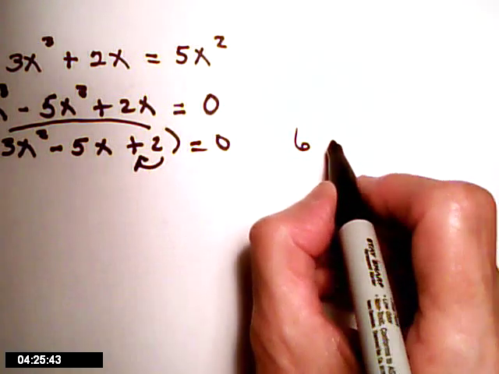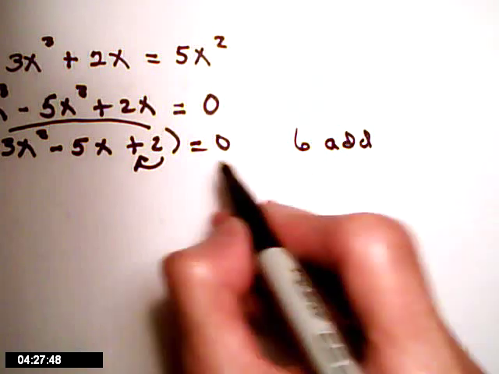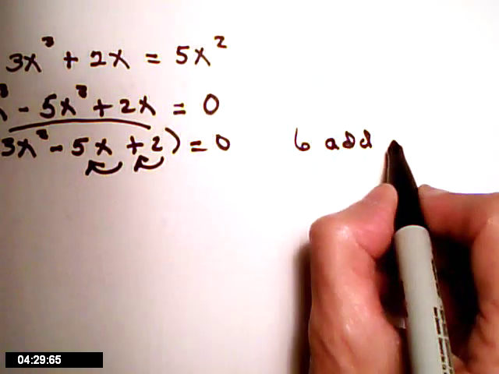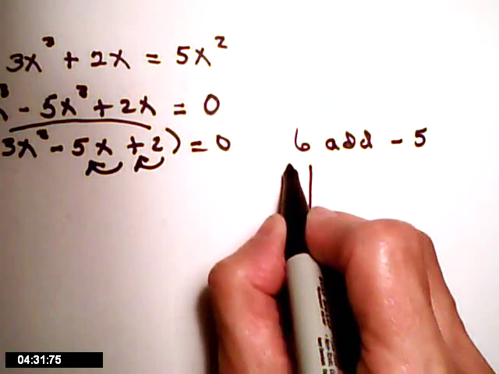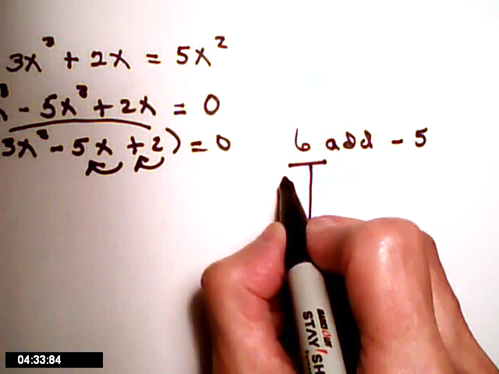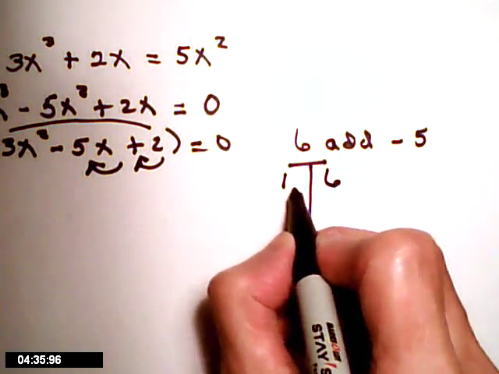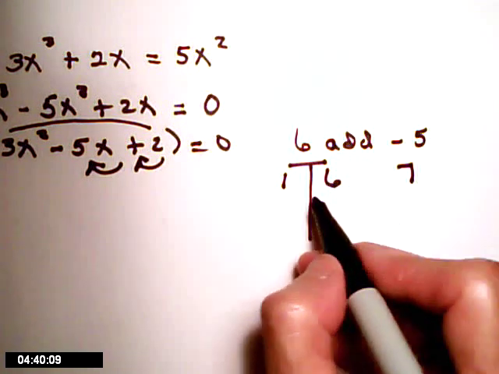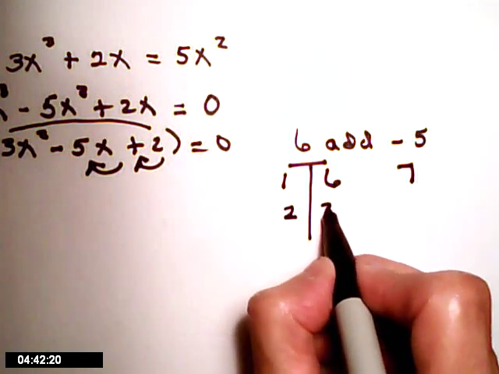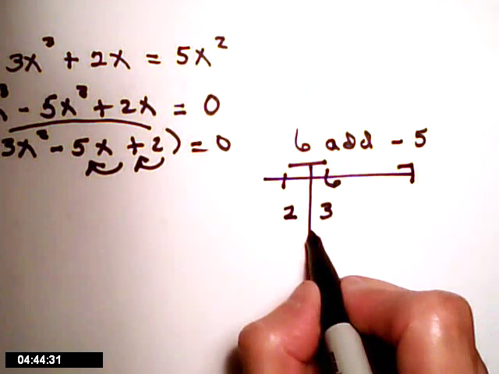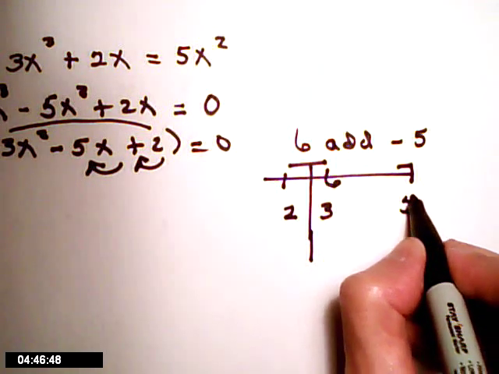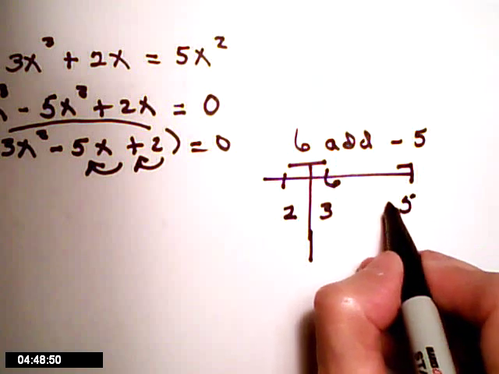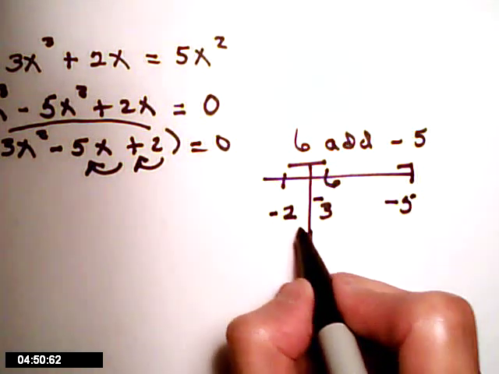The first sign says that I'll be adding, it's a plus, to get a negative 5. Now remember, you're multiplying to get a 6. What about 1 times 6? If you add, you get a 7. So it seemed right, but it doesn't work. 2 times 3 multiplies to get a 6, and if you add, I do get a 5. To add and get a negative, both would need to be negative.